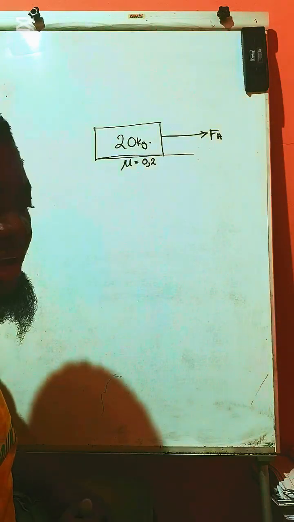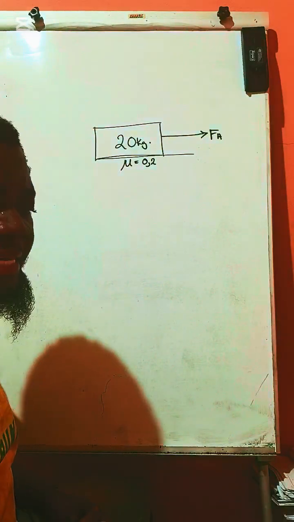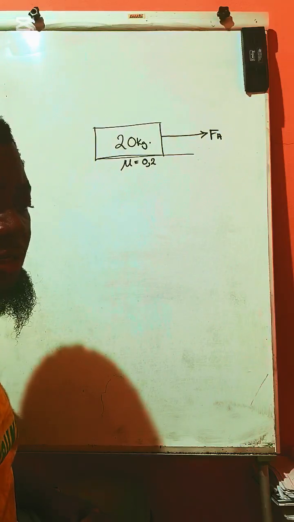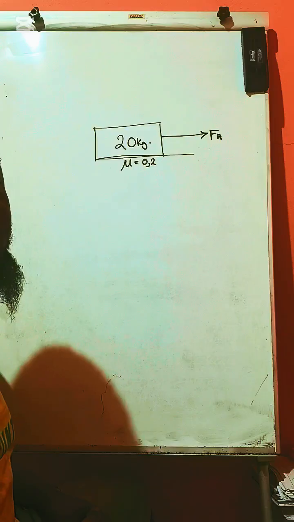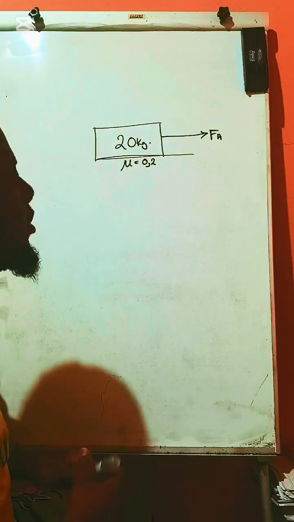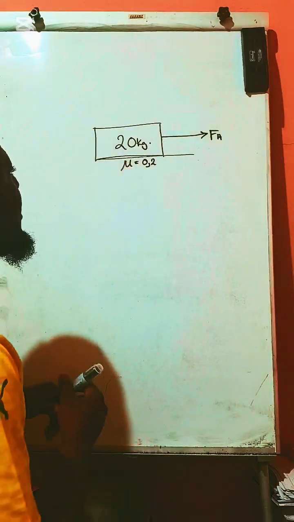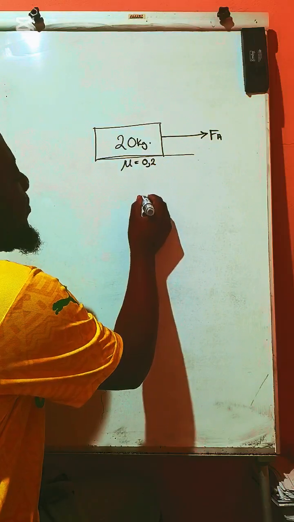You know that in order for you to be able to understand a physics question, you have to come up with a free body diagram or a force diagram. The free body diagram for this object on a horizontal plane will have 4 marks.